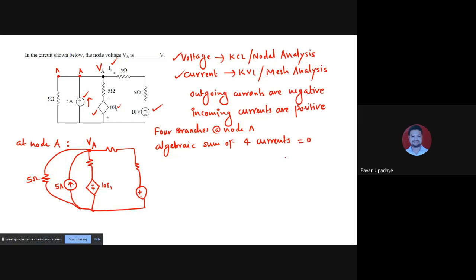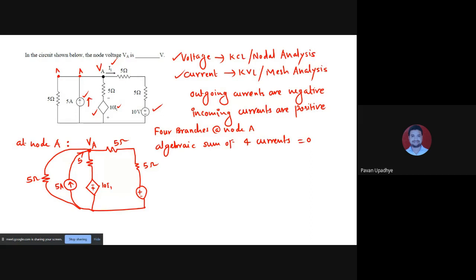The only thing is now we have to think of the 4 currents carefully. One current is already given: 5 ampere. 5 ampere is the incoming current over here.